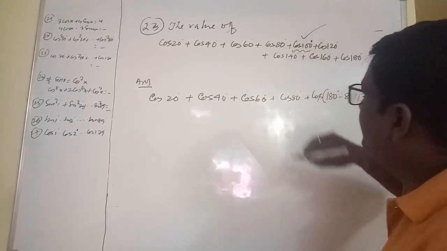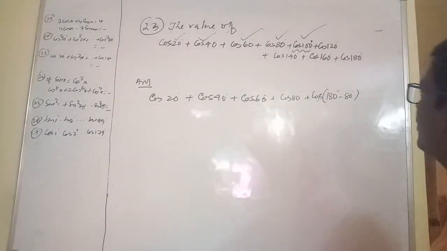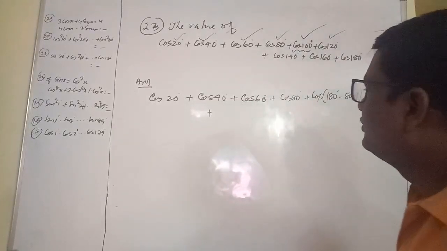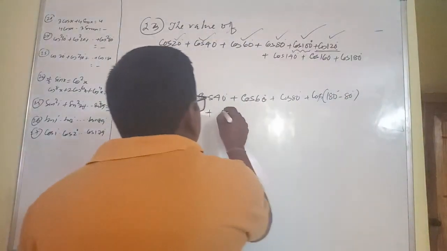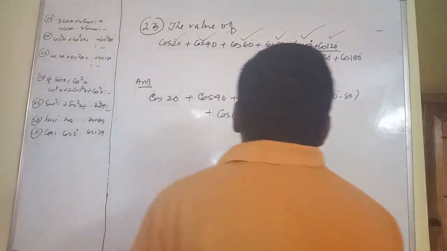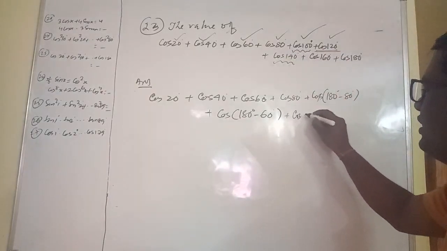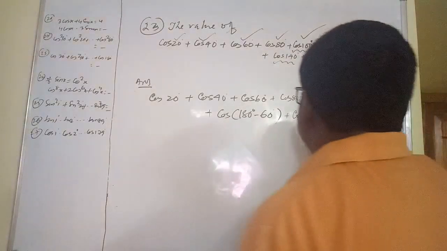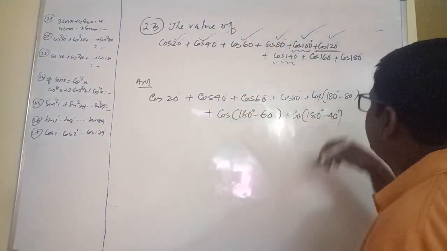And cos 120 means cos of 180 minus 60 degree, and again cos 140 degree means 180 degree minus 40 degree, right?